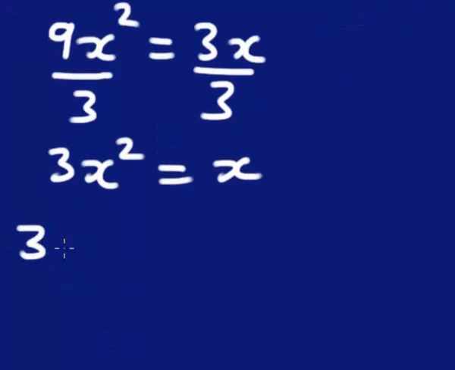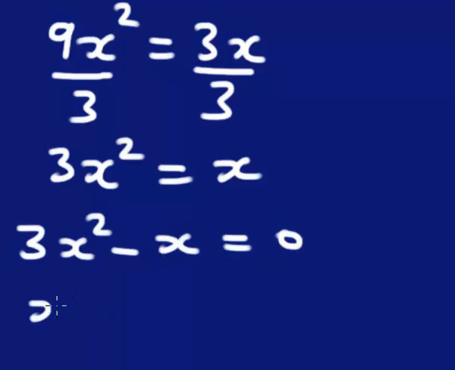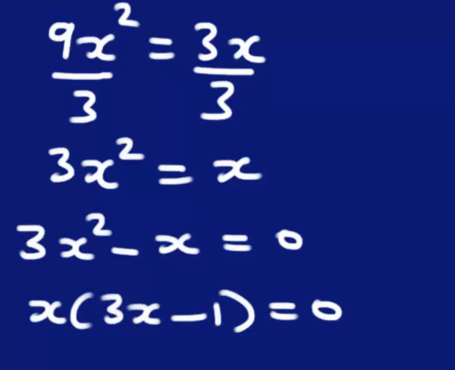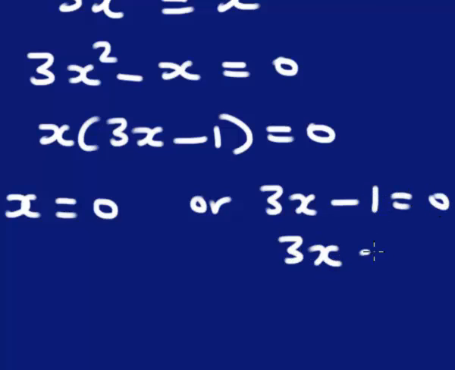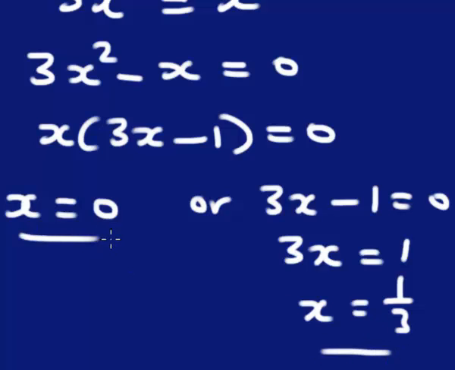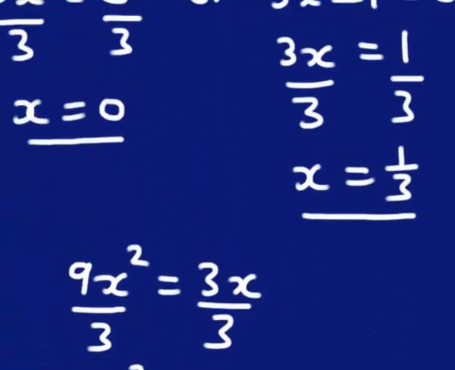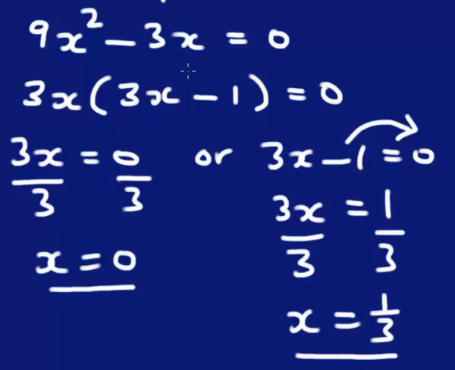So if you bring the x across and change the equation to 3x squared minus x is naught, it's easy to take out your common factor of x, and you get the same solution. So you say x is equal to naught, or 3x minus 1 is equal to naught, 3x is 1, x is a third. Those are the exact same solutions as if you did it with the other method.